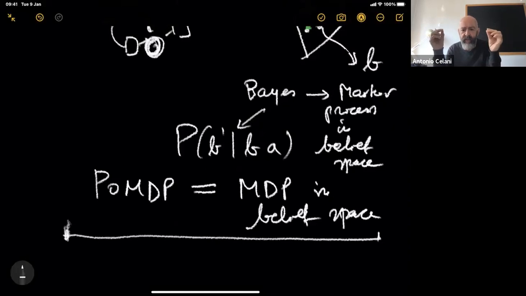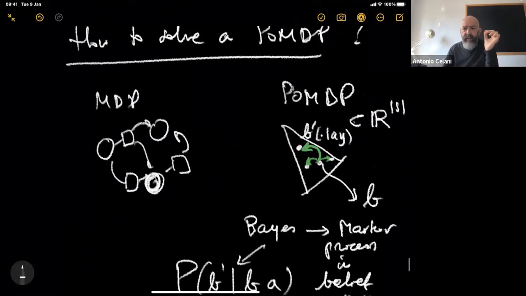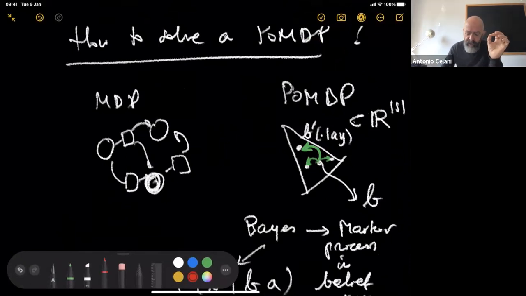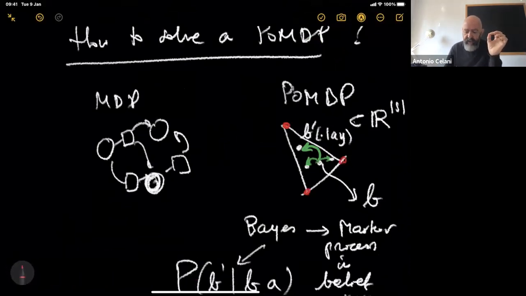Where do the two things come together? Well, the two things coincide when your observations are perfect. What does that mean? If you observe directly the state with certainty, what will happen is that your observations will bring you to the corners of this belief space. The corners of this belief space are certainty.